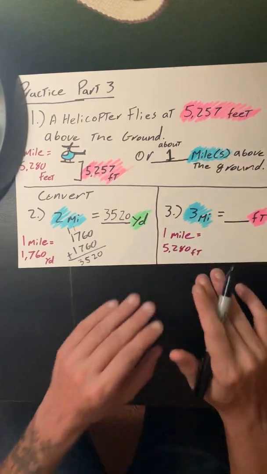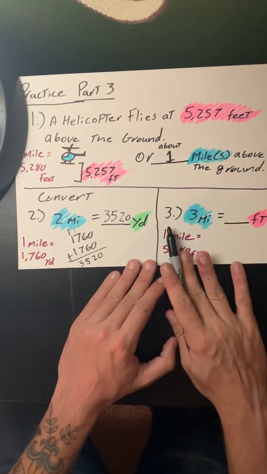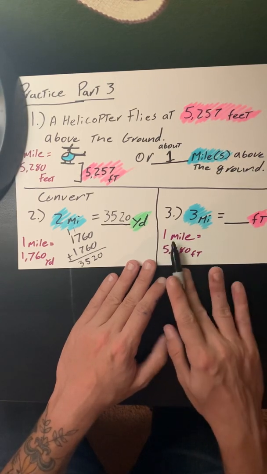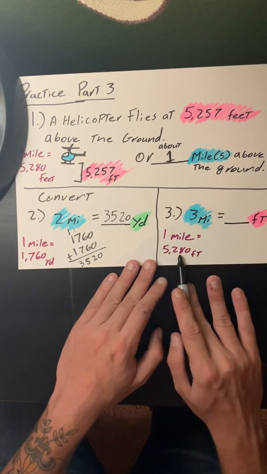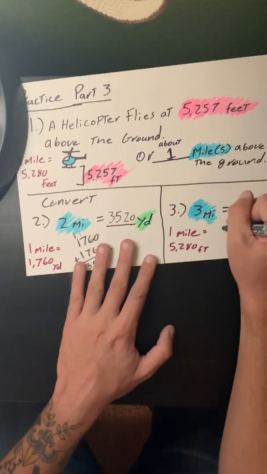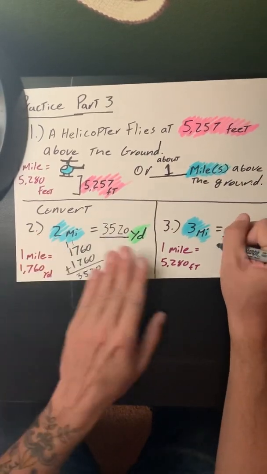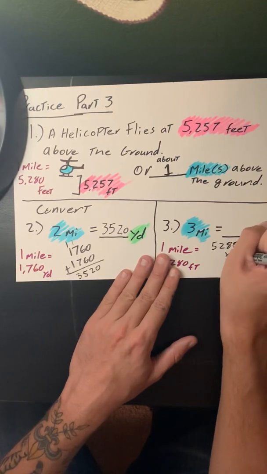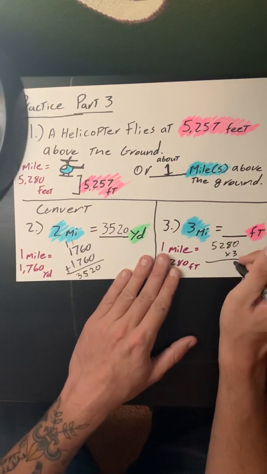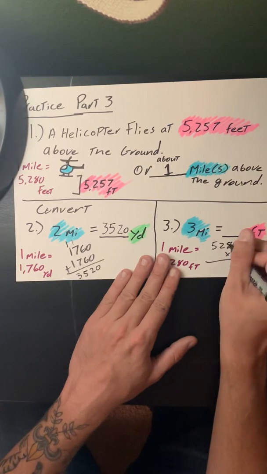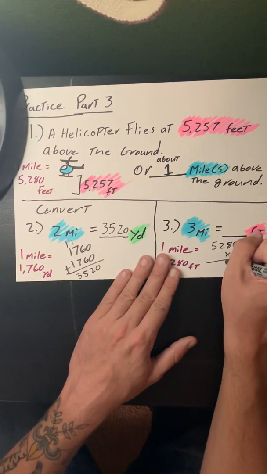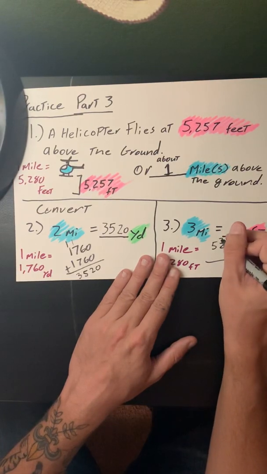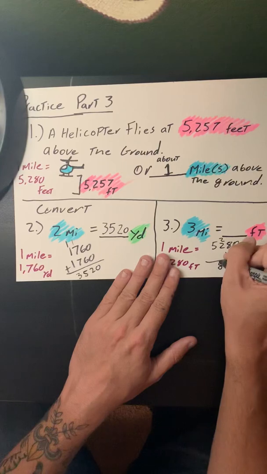Last practice problem that we're going to do, problem number 3, converting 3 miles into feet. My conversion here is 1 mile is equal to 5,280 feet. So this time, instead of repeated addition, I'm going to multiply 5,280 times 3. 3 times 0, 0. 3 times 8 is 24. 3 times 2 is 6, plus 2 is 8.